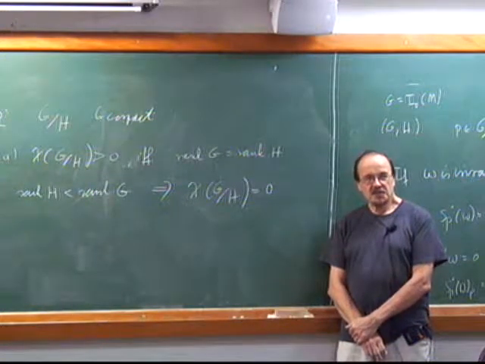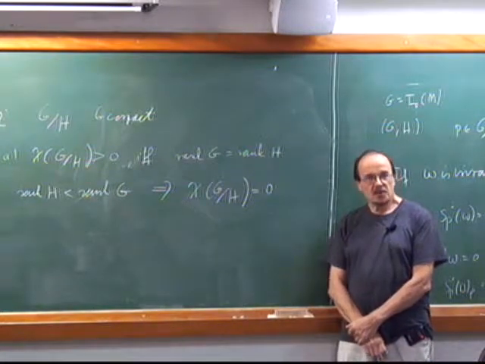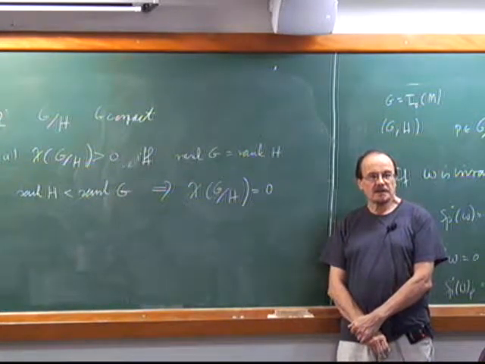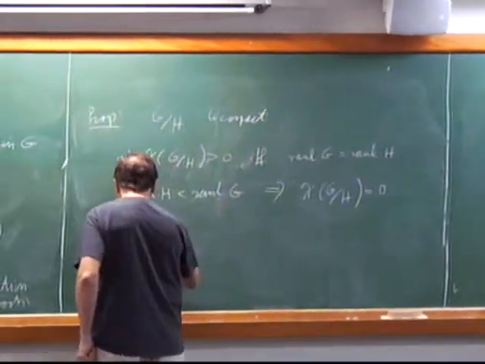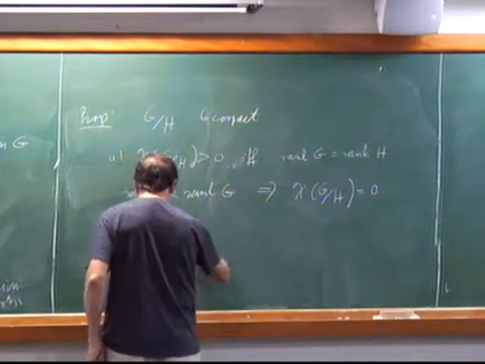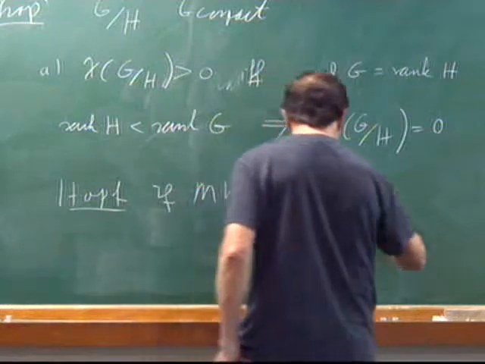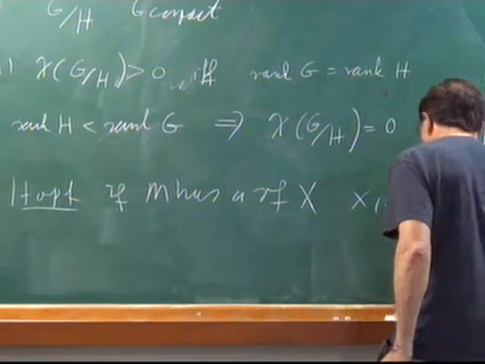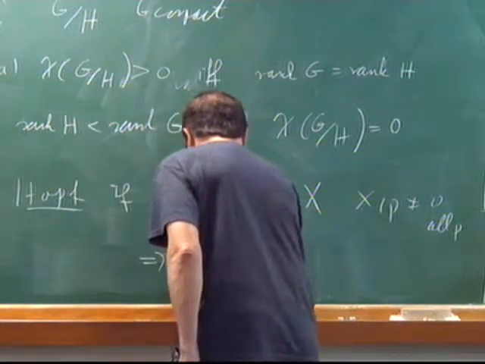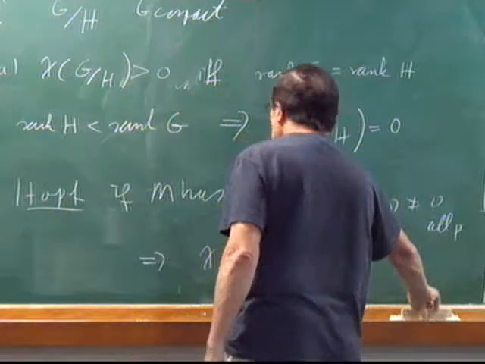Do you know what the relationship is? How can I show that a space has zero Euler characteristic? You find a vector field that doesn't vanish. So that's the Hopf theorem. If M has a vector field X with X at p non-zero for all p, this implies the Euler characteristic is equal to zero.